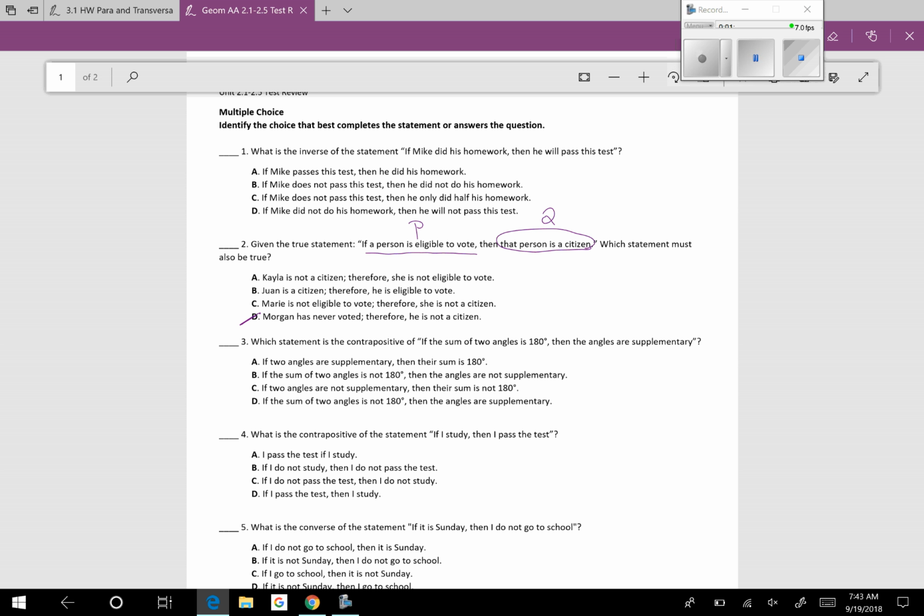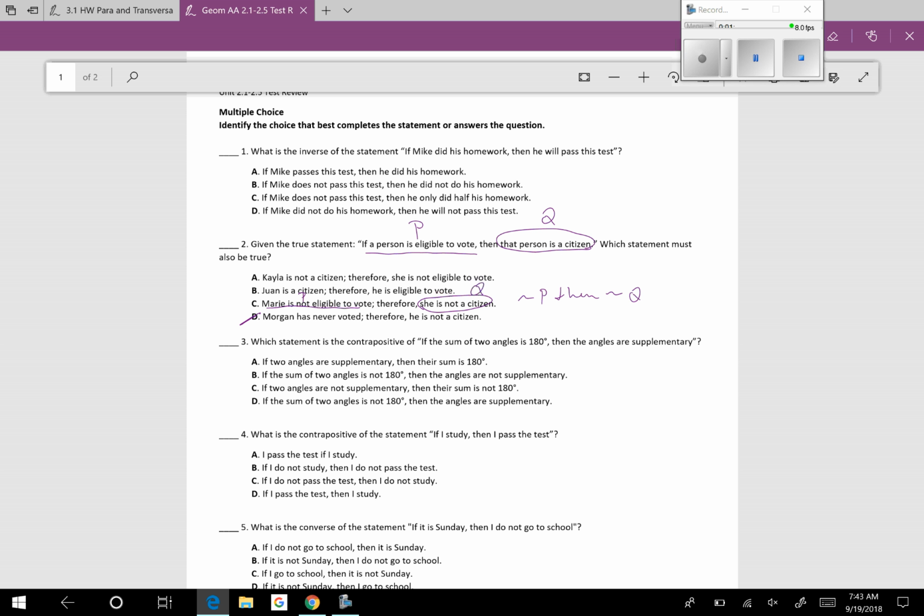C. Marie is not eligible to vote, therefore she is not a citizen. So this is like not P, then not Q. Let's think about it.